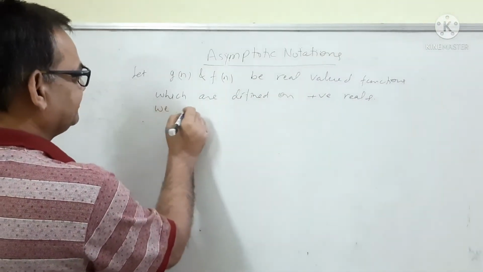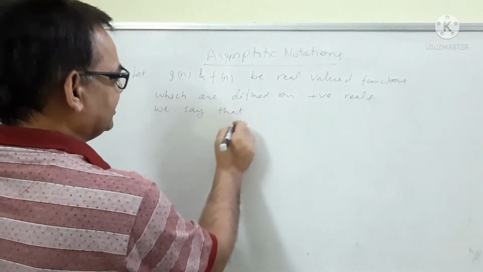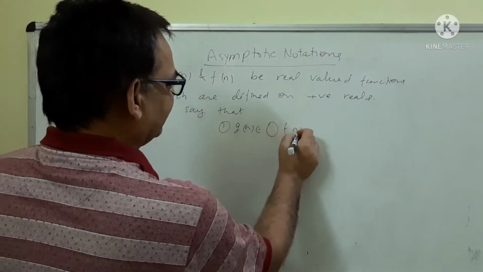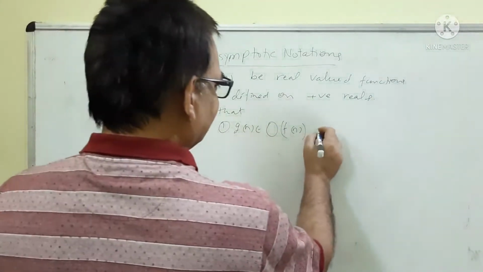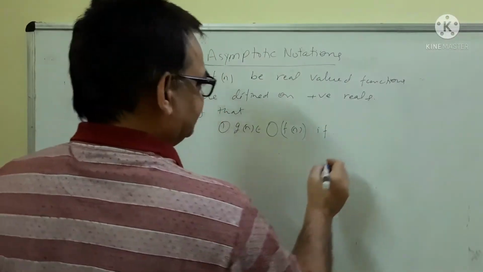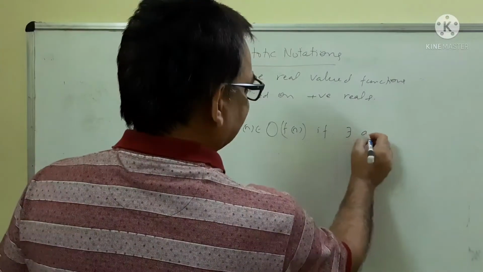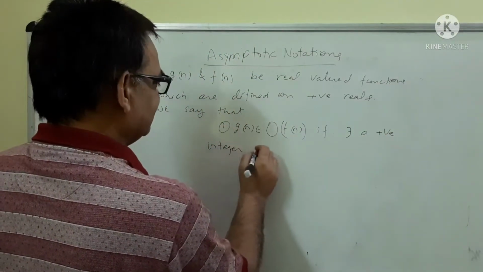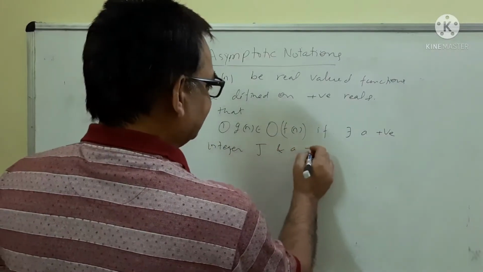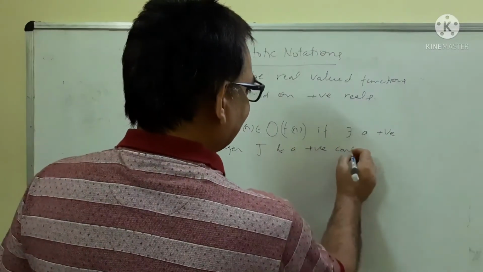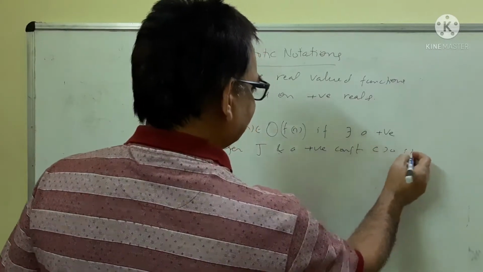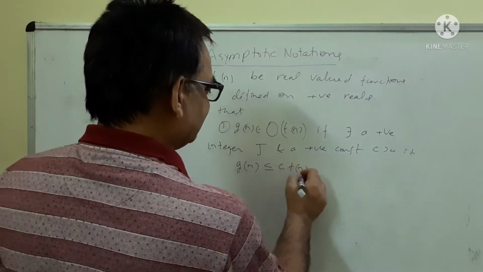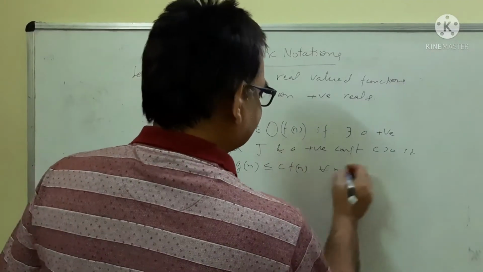We say that number 1, Gn belongs to big O of Fn if there exists a positive integer j and a positive constant c such that Gn is less than or equal to c times Fn for every n greater than j.